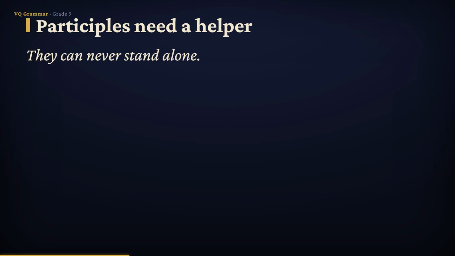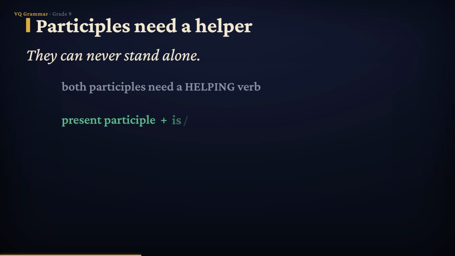Here's something important about 2 of those 4 parts. The present participle and the past participle can never work alone. Each one needs a helping verb standing in front of it. The present participle teams up with a form of be, is, are, was, to show action in progress.